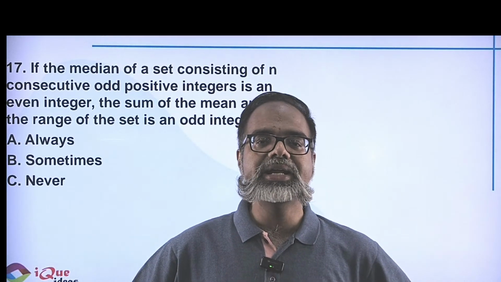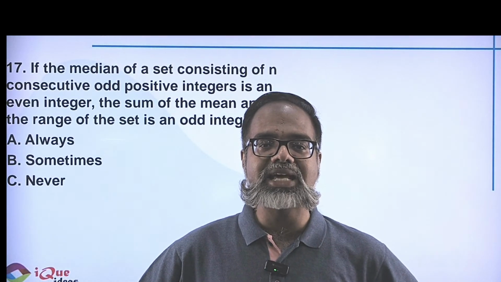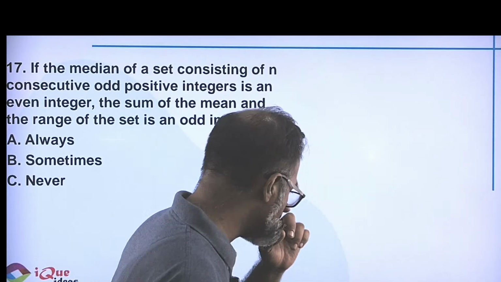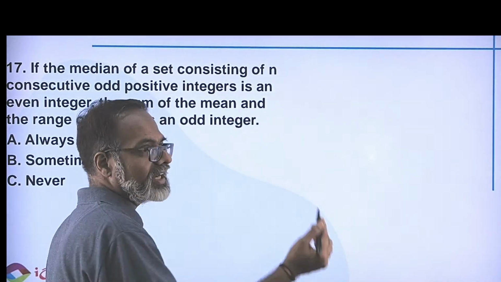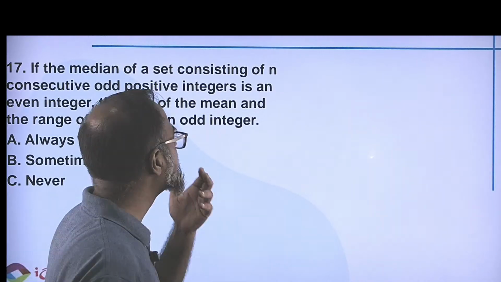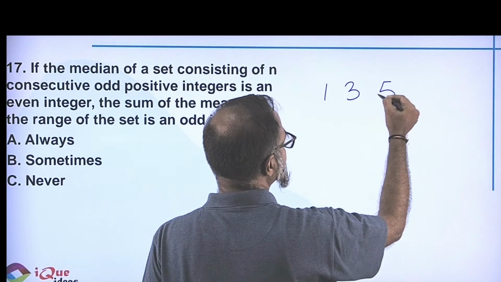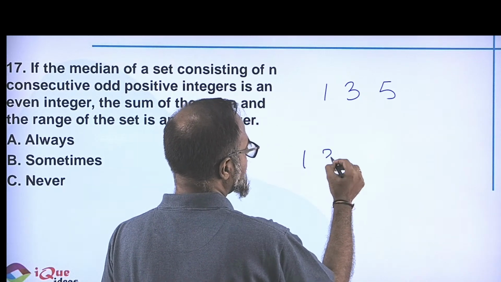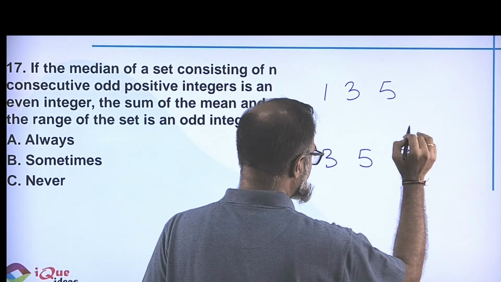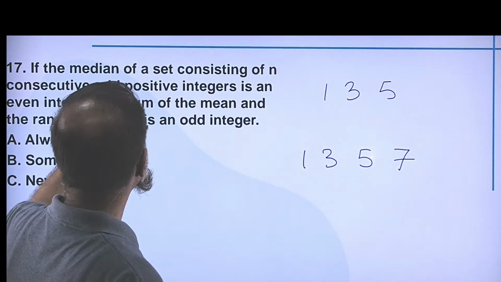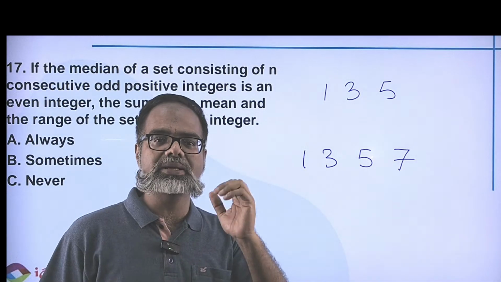It says the median of a set consisting of n consecutive odd positive integers. So n consecutive, I don't know what n is. N could be an odd number, even number. So let's assume that either it can be 1, 3 and 5, or it could be something like 1, 3, 5 and 7, right? The median is always the middle value.